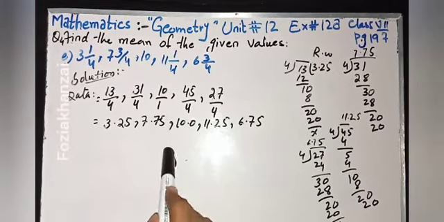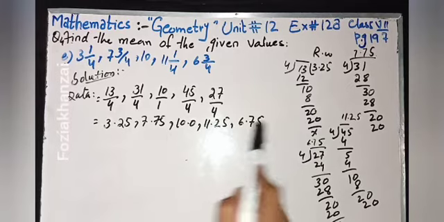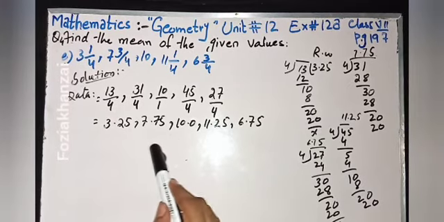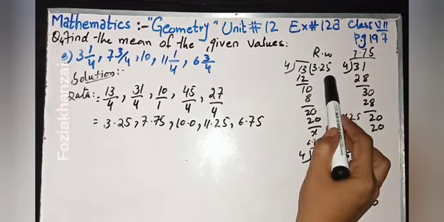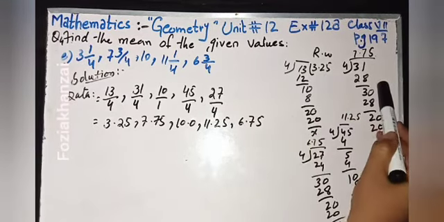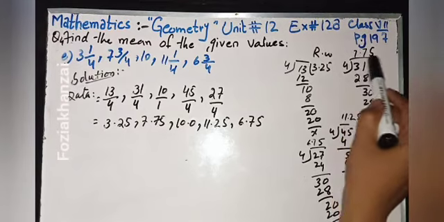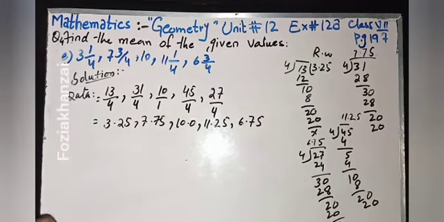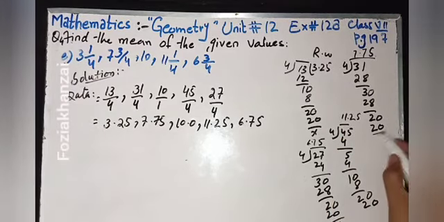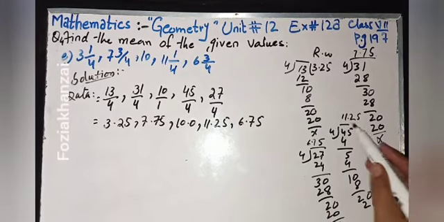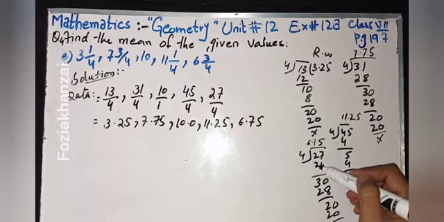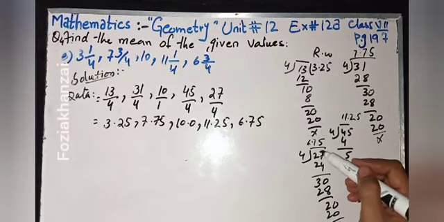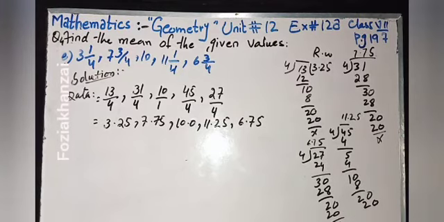Now we divide. After dividing, we will get the answer in decimal form. 13 divided by 4, answer 3.25. 31 divided by 4, answer 7.75. 45 divided by 4, answer 11.25. 27 divided by 4, answer 6.75. Done.